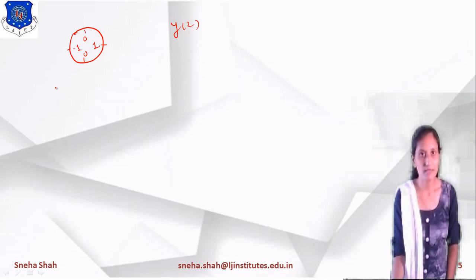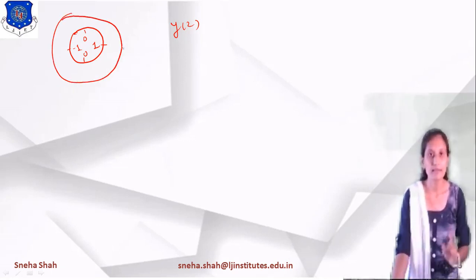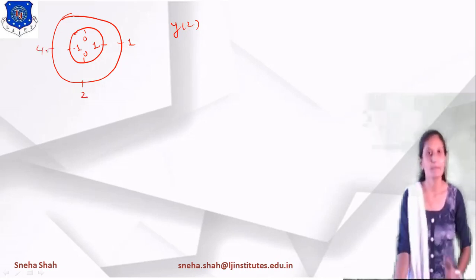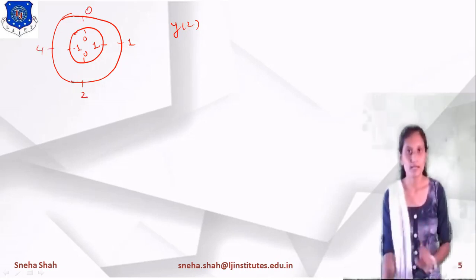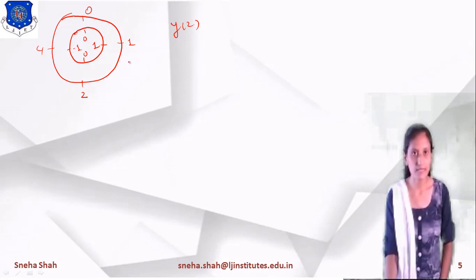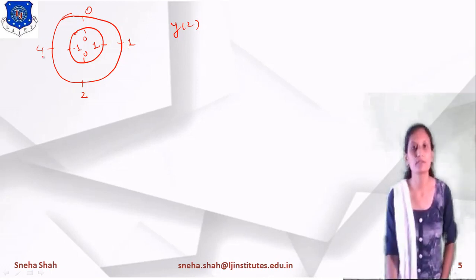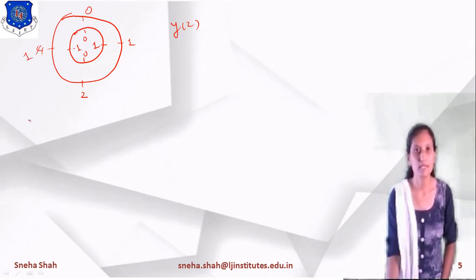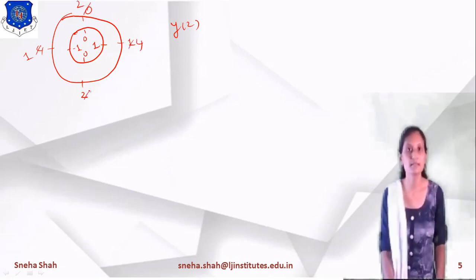Over here we have represented 1, 2, 4 and 0 clockwise, but we have to shift 2 factors. So this one comes over here. The terms will be 1, then 0, then 4, and this term will be 0.